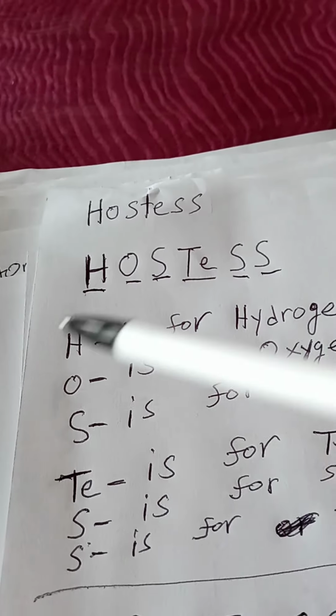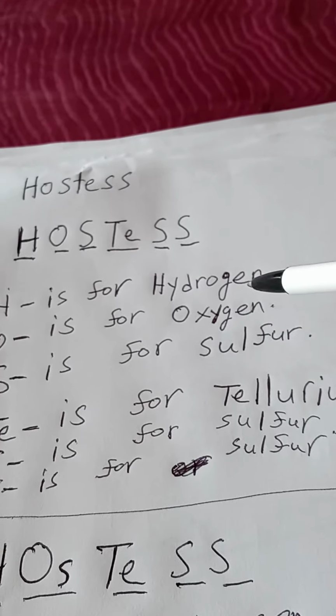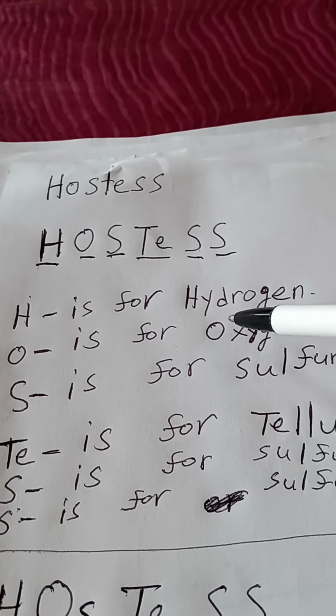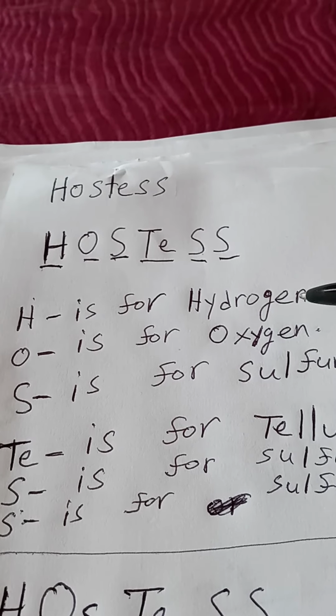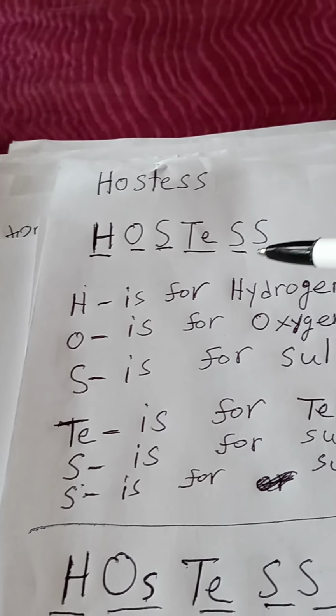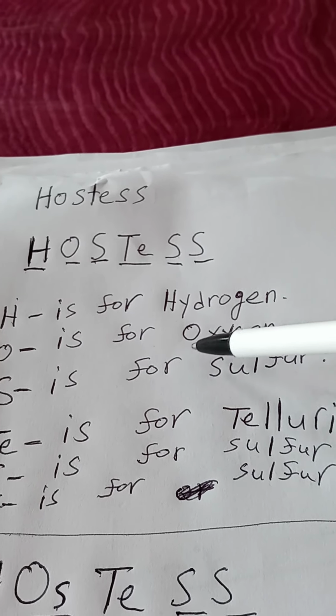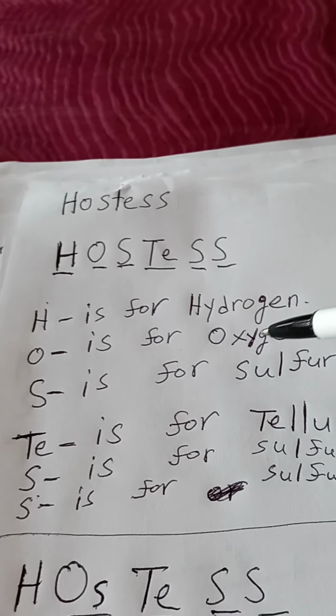Okay? So H is for hydrogen, capital H, hydrogen. Capital O is for oxygen, O-X-Y-G-E-N.